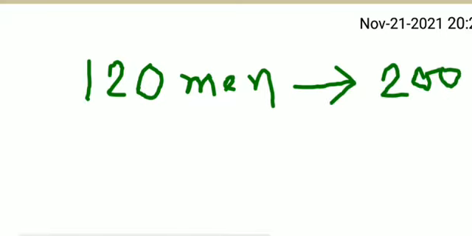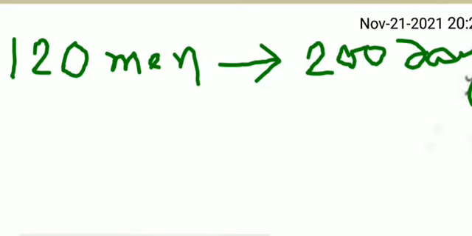So students, let's see question number 11. In the first case, 120 men are there, and the provision of 120 men is given here as 200 days. Clear? So after 5 days, 30 men died.